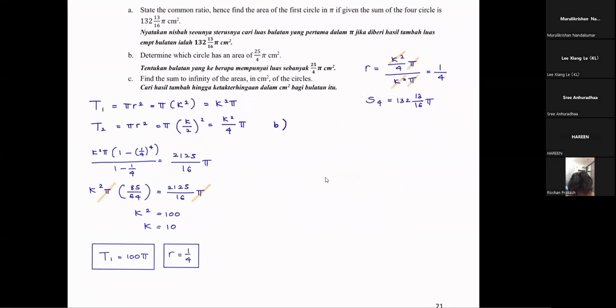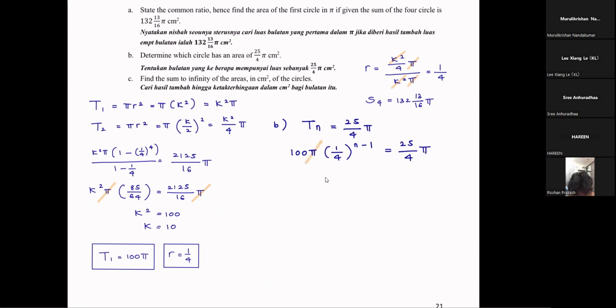Okay, which area? That means a TN, ada satu TN is 25 over 4 pi. Okay, TN adalah A kita adalah 100 pi. R kamu adalah 1 over 4 with the n minus 1 equals to 25 over 4 pi.